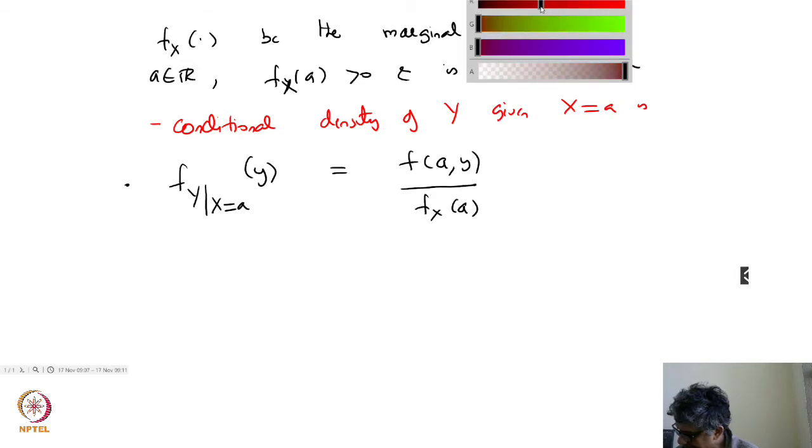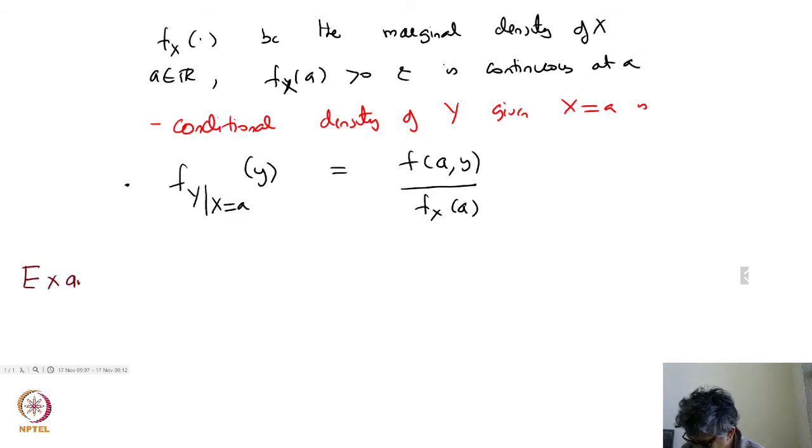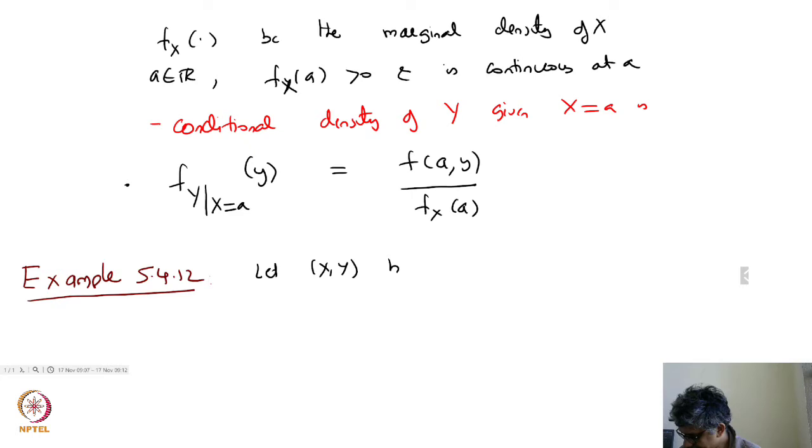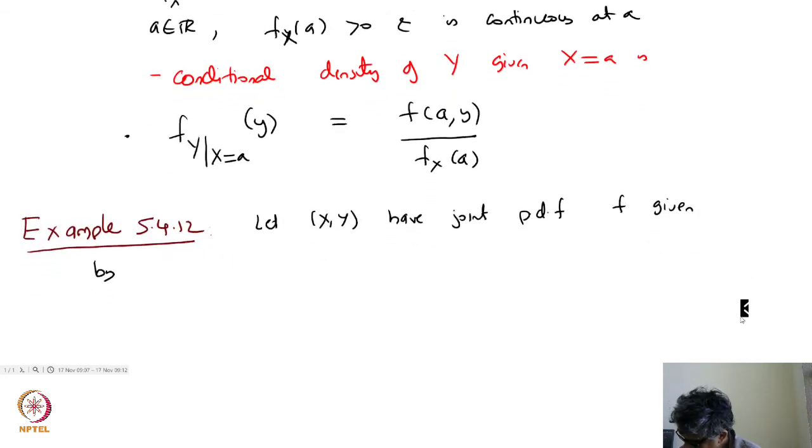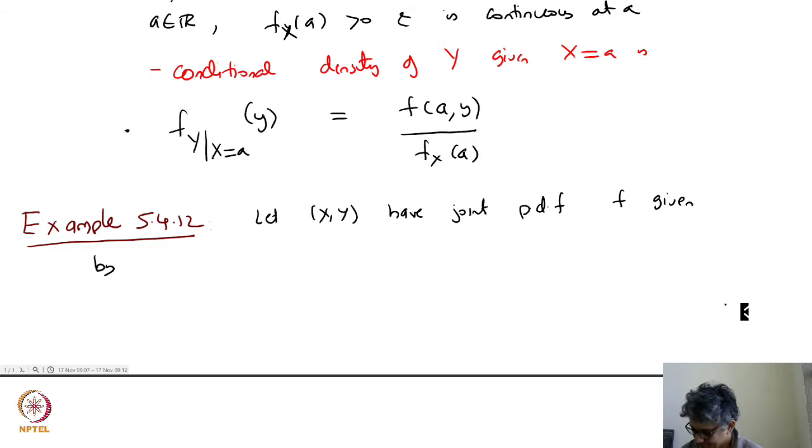So, example, let's say I call it 5.4.12 in the book. You let x and y have joint density, let's say joint PDF, let's call it f, given by f of x comma y.